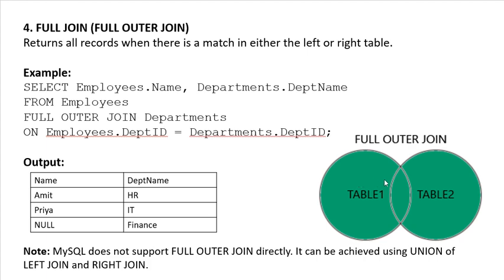This image shows that the data from both tables is printed without any condition. The example: SELECT employee.name, department.department_name FROM employee FULL OUTER JOIN department ON employee.department_id = department.department_id; So the output is names and department names: Amit is HR, Priya is IT, and null is given at the end.